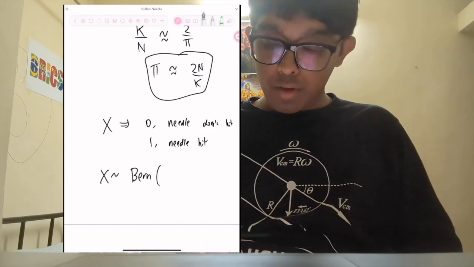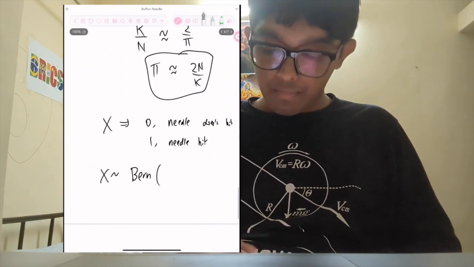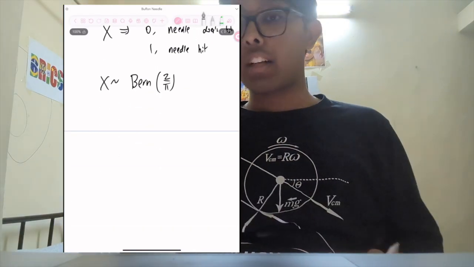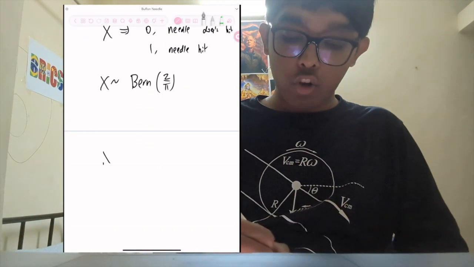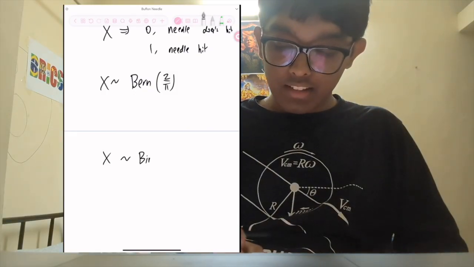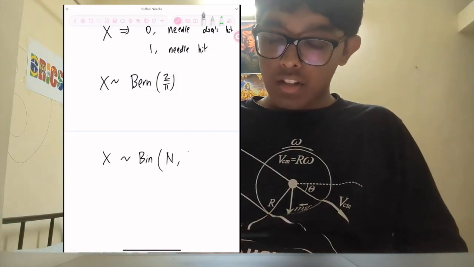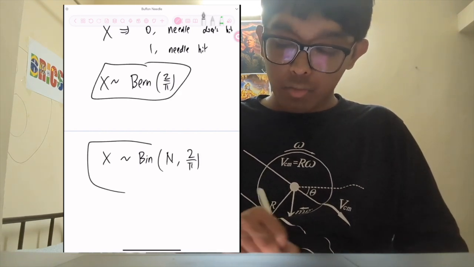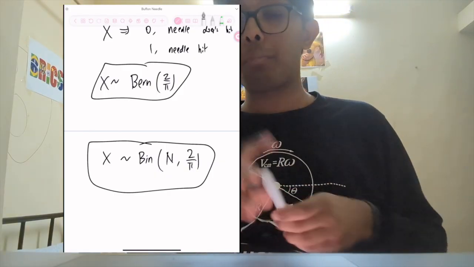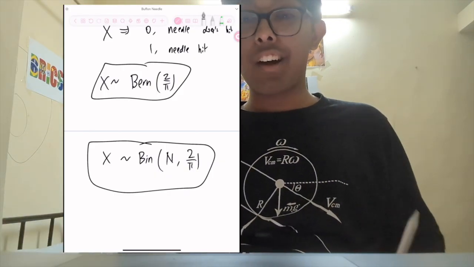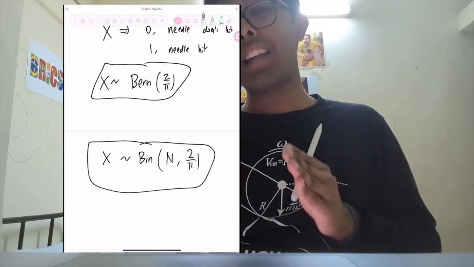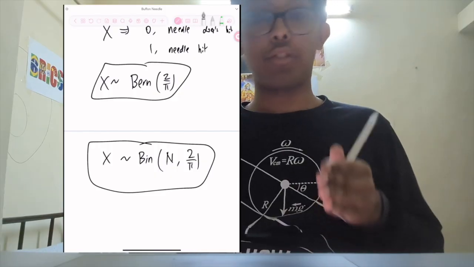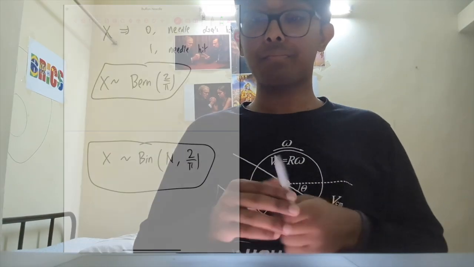And we also know the probability of hitting is 2 by pi. And if we drop n number of needles, we can see that this is a binomial with n and 2 by pi. Now, using this, we could also set confidence intervals of our estimation from the actual value of pi, and we could see what is the probability that pi lies within this range, which gives a very accurate estimation of pi, which is actually really, really cool.